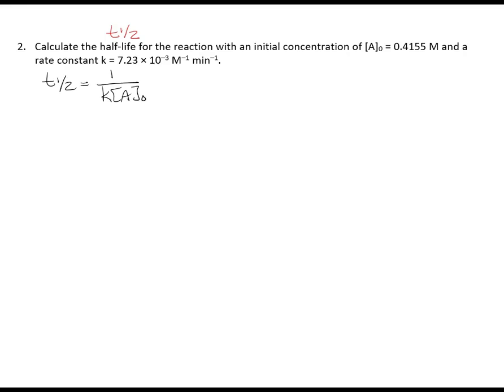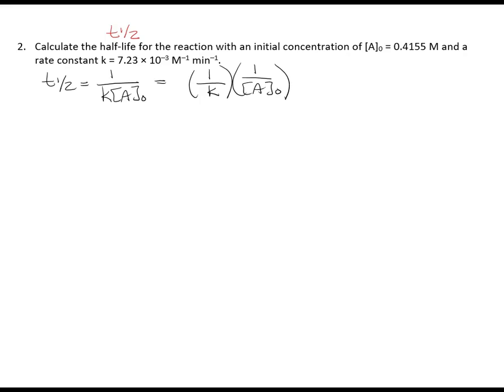We're given A naught, we're given K, and we can just plug those in. So to ensure that I am careful about the units canceling, I'm going to separate the K term and the A naught term. So I'll be entering the values something like this.